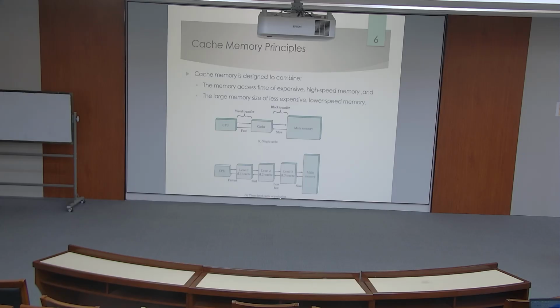The unit of transfer between the central processing unit and the cache memory is a word, and the unit of transfer between the cache memory and the main memory is a block of data. So the link between the central processing unit and the cache memory has to be faster than the one between the cache memory and the main memory.